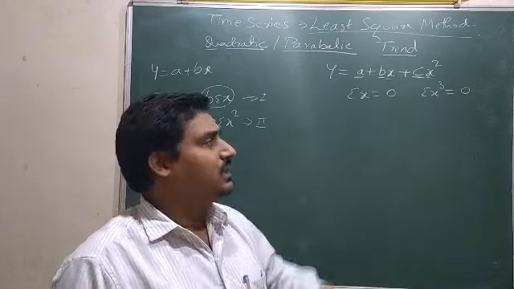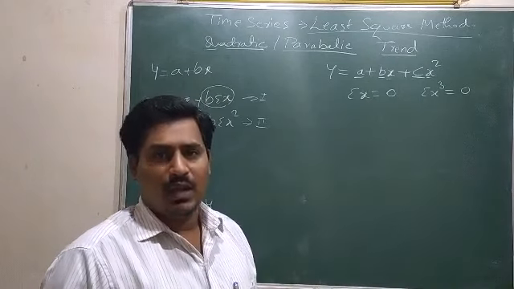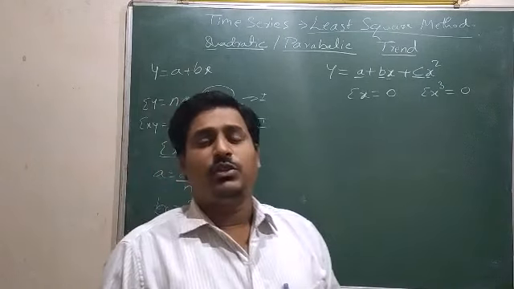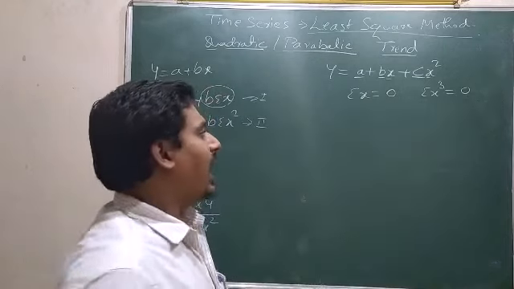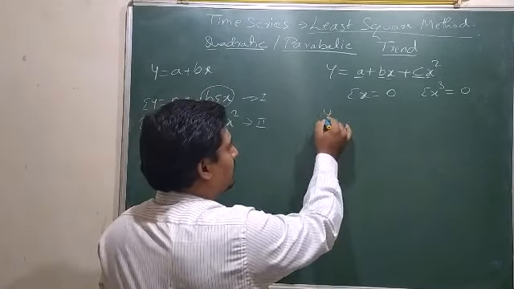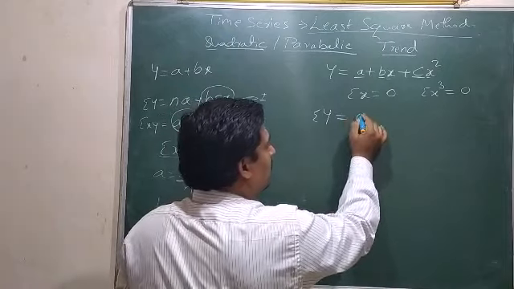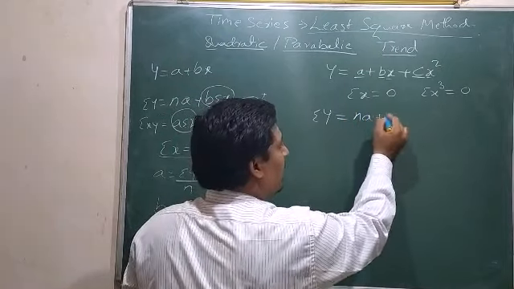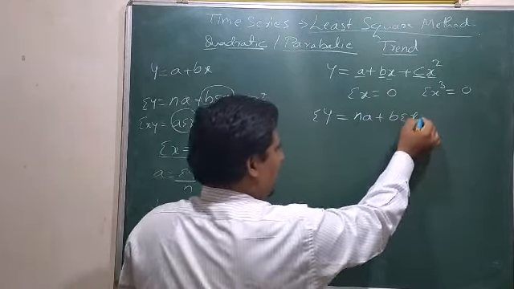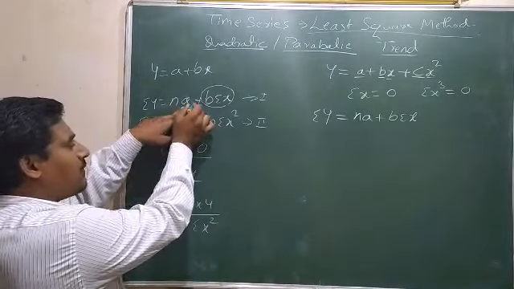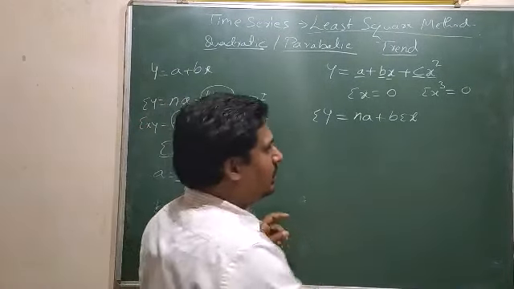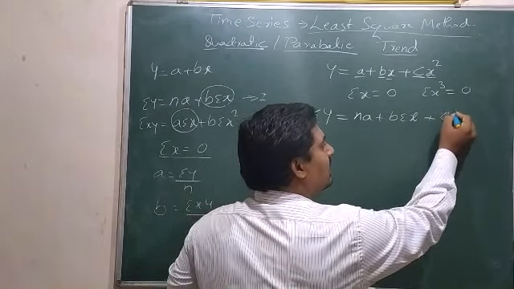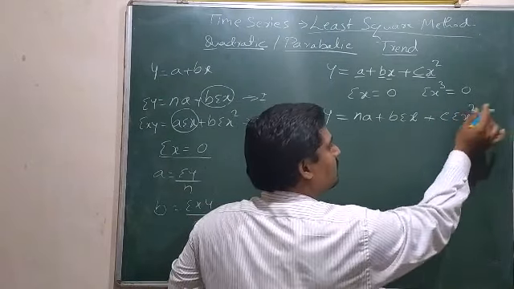And to get these three constant values a, b and c, we solve three normal equations, and they are: summation y is equal to na plus b summation x, which is similar to the first equation of straight line trend, plus c summation x square.